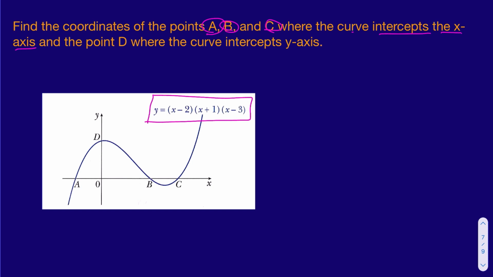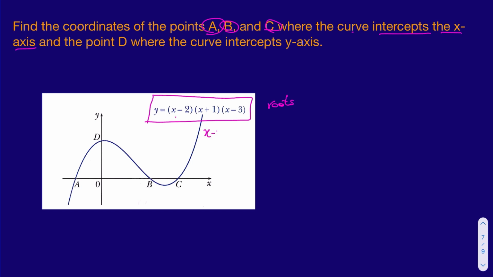So in order to find the value of a, b, c, we need to find the roots, and the roots are, as I explained earlier, we just set each factor equal to 0.